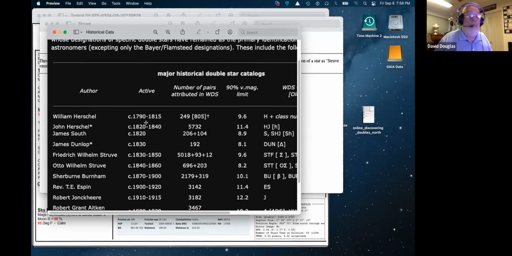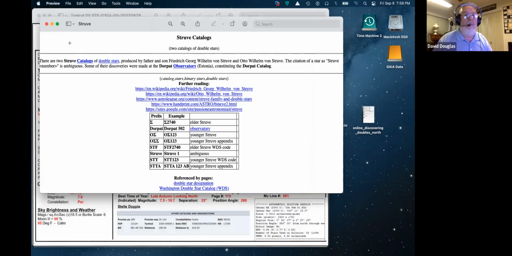A lot of them, as a matter of fact, like 800 stars. The Struves have something approaching 6,000 discoveries that they made during their time frame. Herschels have over 800. But anyway, doubles have been around for a while.